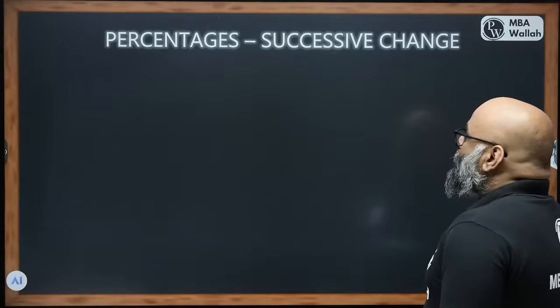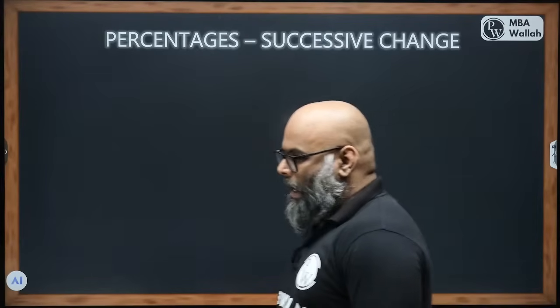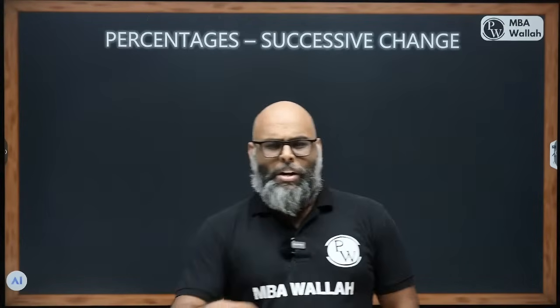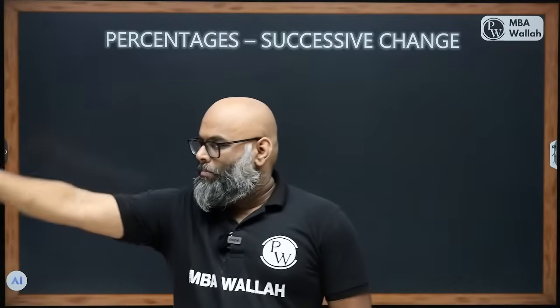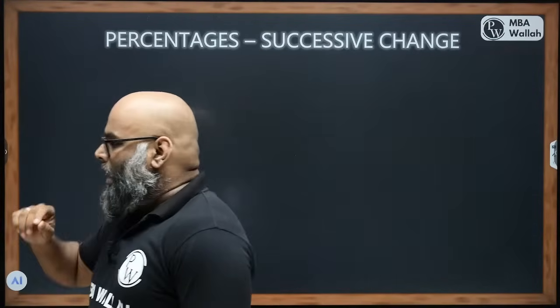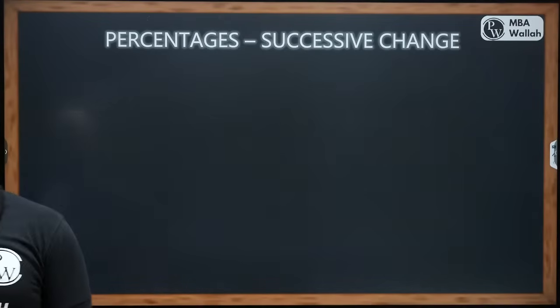Now look at successive percentages. That's another idea that I have. What is successive changes? A value changes from A to B and from B to C. Alright. We'll take an example. I'm going to pick a question here.